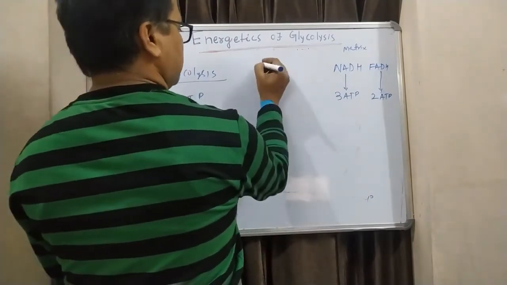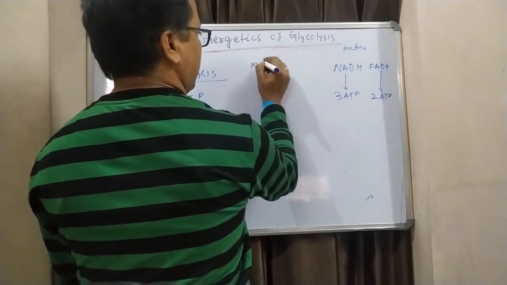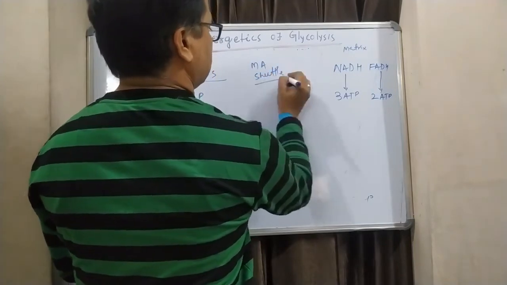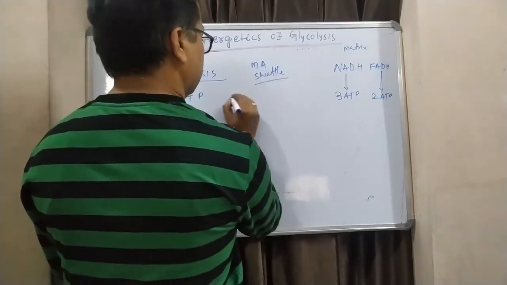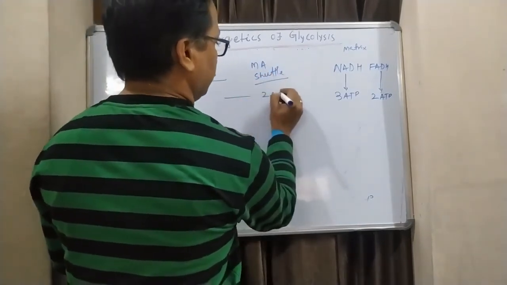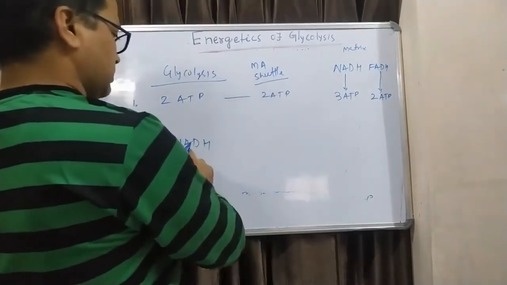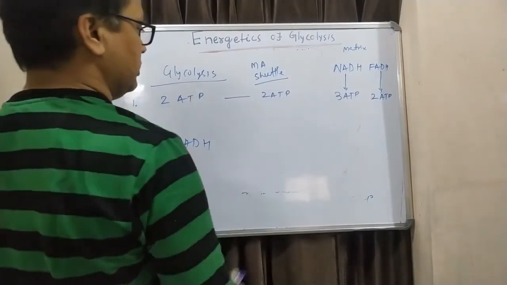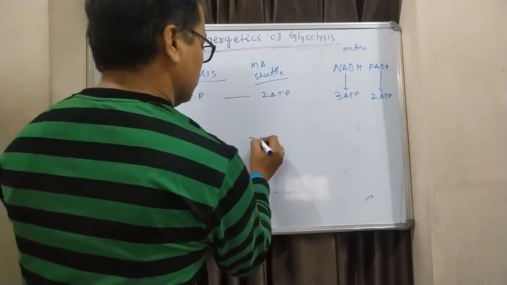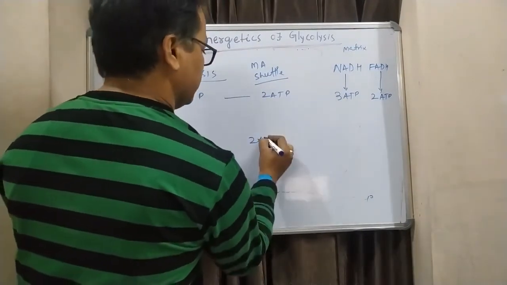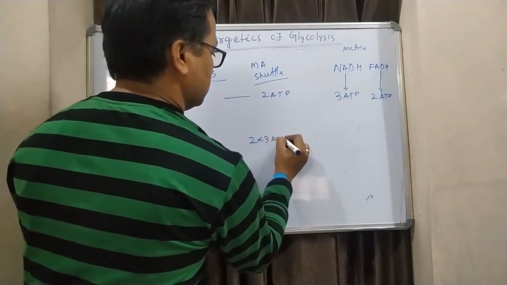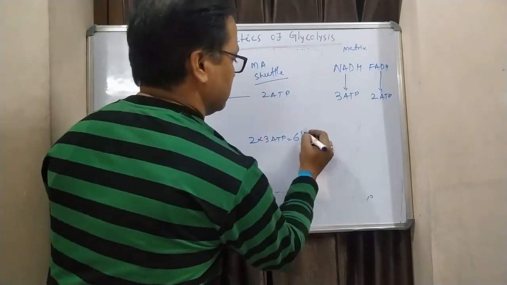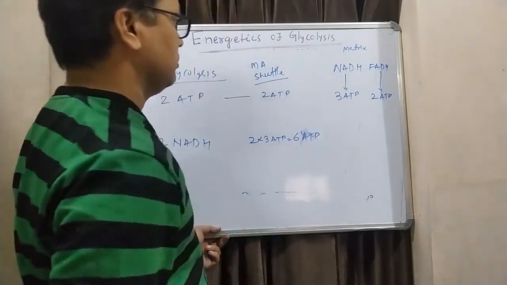If we use the malate aspartate shuttle, in that case the 2 ATP remain, and through the malate aspartate system in place of NADH we get NADH only, so we get 2 multiplied by 3 ATP. So ultimately we get 6 ATP from the NADH.